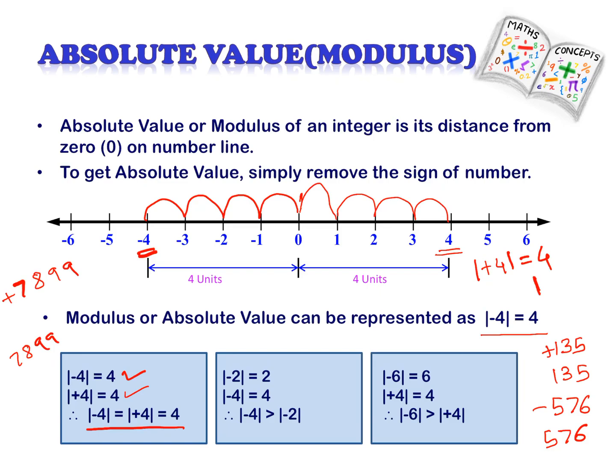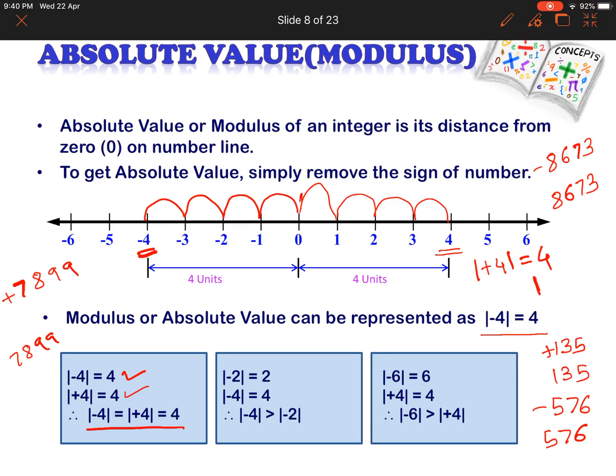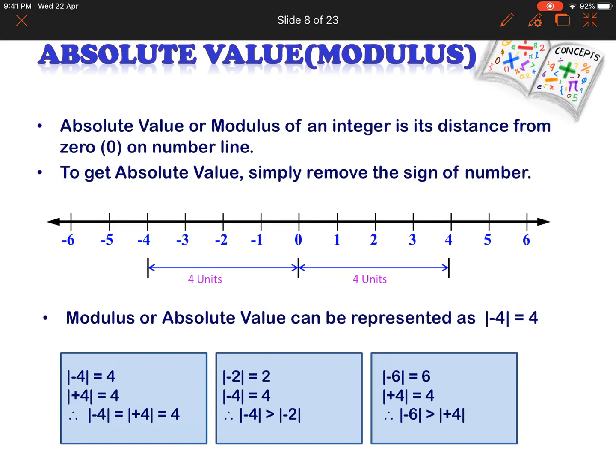Absolute value of say minus 8673, it is 8673.